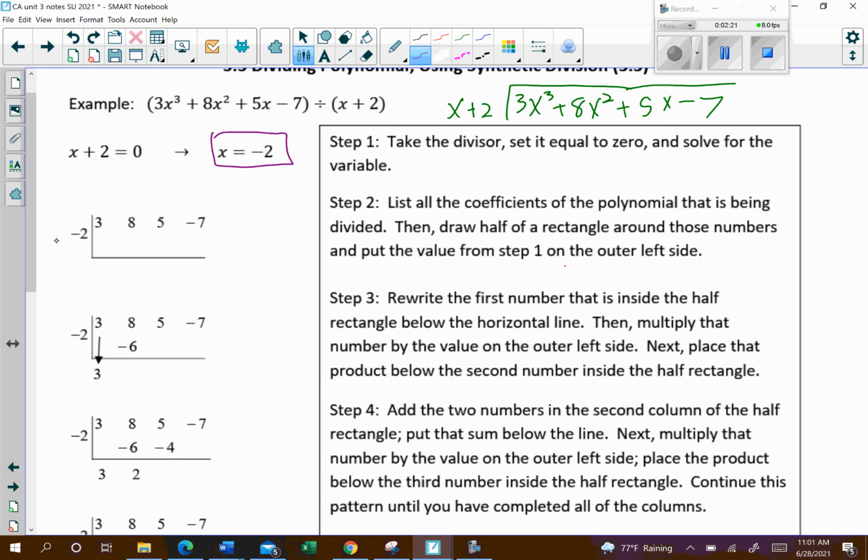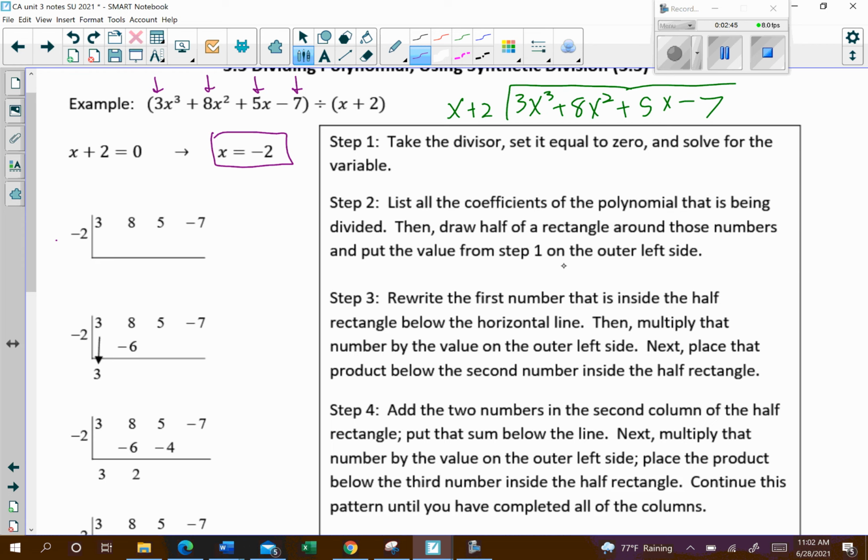Then the next step is to list all the coefficients of the polynomial that's being divided. The coefficients are the values in front of the variables, or the constant at the end. So we list all those, and then what most people like to do is draw a half rectangle around those numbers.